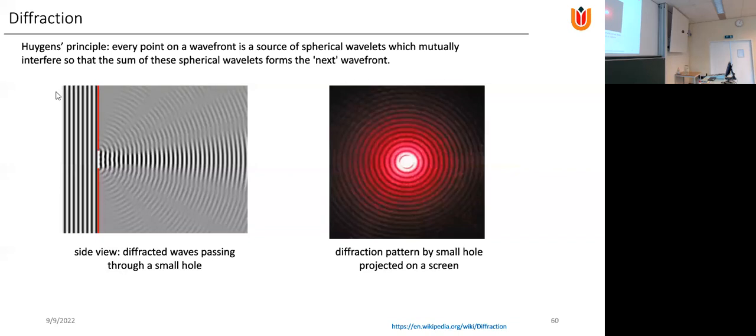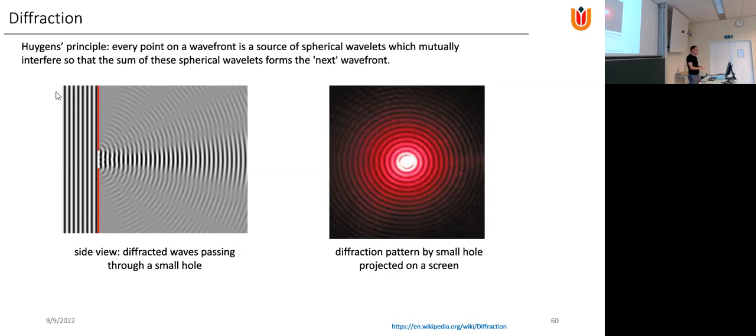We have a plane wavefront that hits the screen. The screen has a small hole, and you can see the spreading out of the waves as it moves along. In optics, it is explained by Huygens' principle, which states that every point in this hole forms a new quasi source which emits a spherical wave, and the addition of all these spherical waves makes this wavefront diverge.